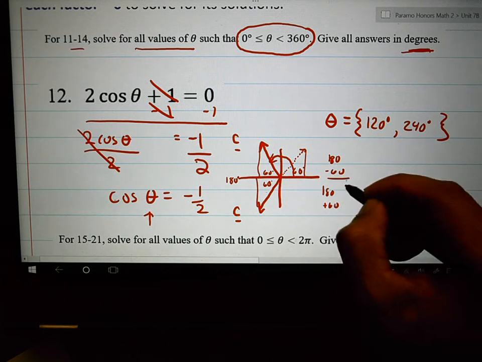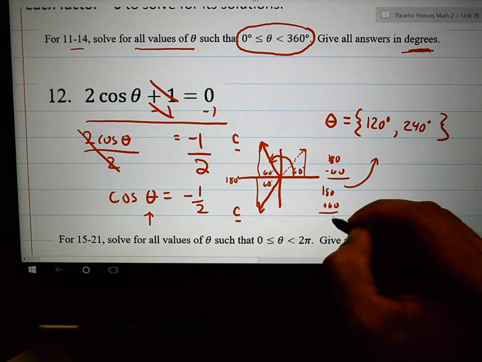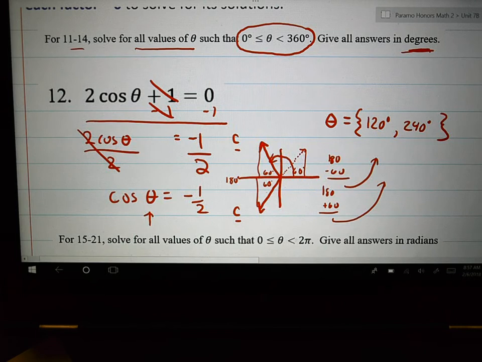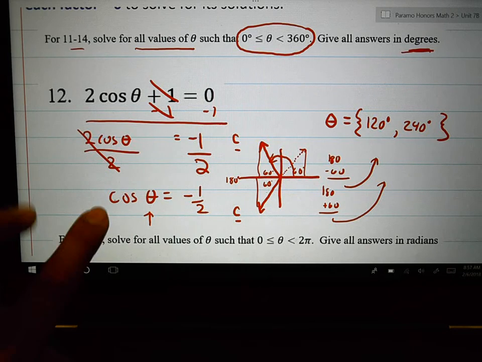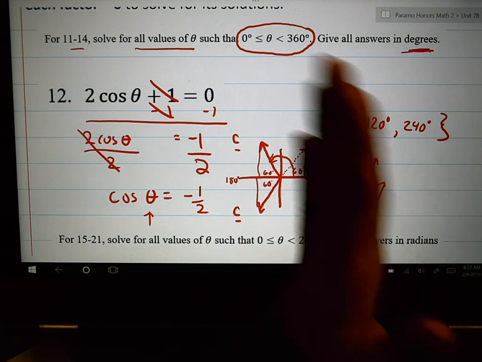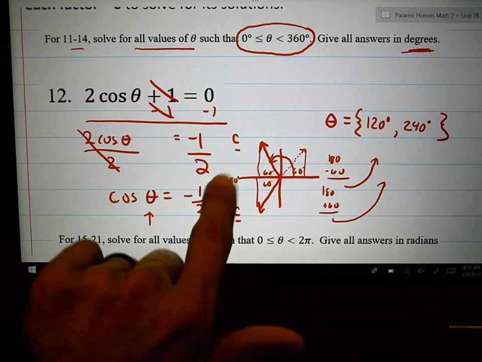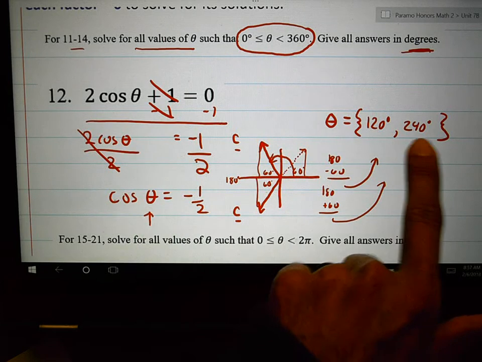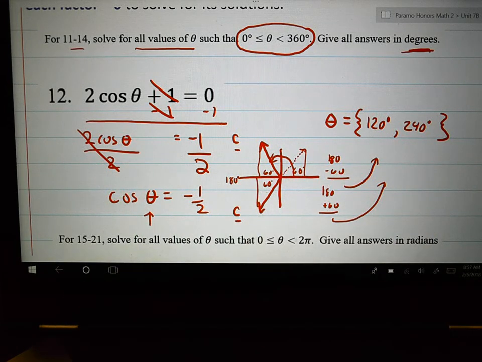Those two possibilities are my solutions. If I did the cosine of 120 degrees, I would have gotten negative 1/2. And if I did the cosine of 240 degrees, I would have also gotten negative 1/2. That's how this section works.